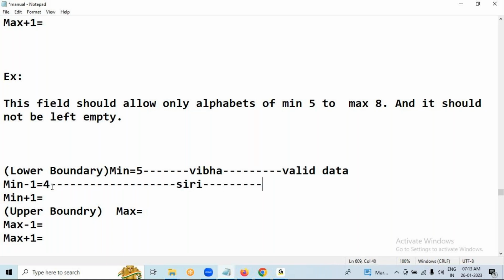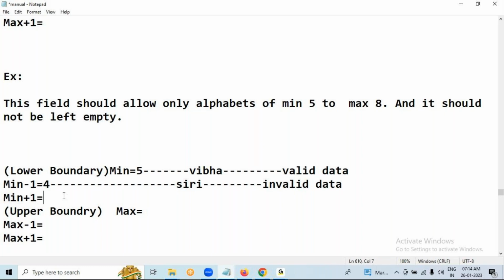Is it valid or invalid? Invalid. Why? Because 4 is invalid data.